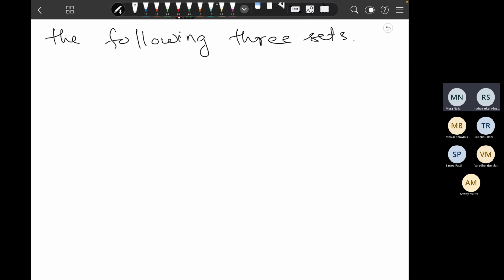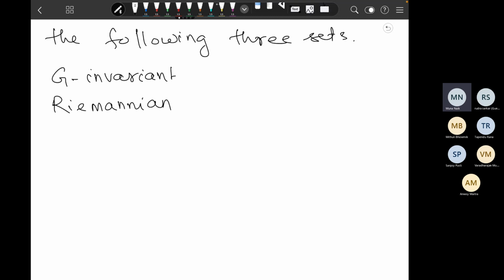So this is really the set of G-invariant Riemannian structures. Yes, there is. Any question?